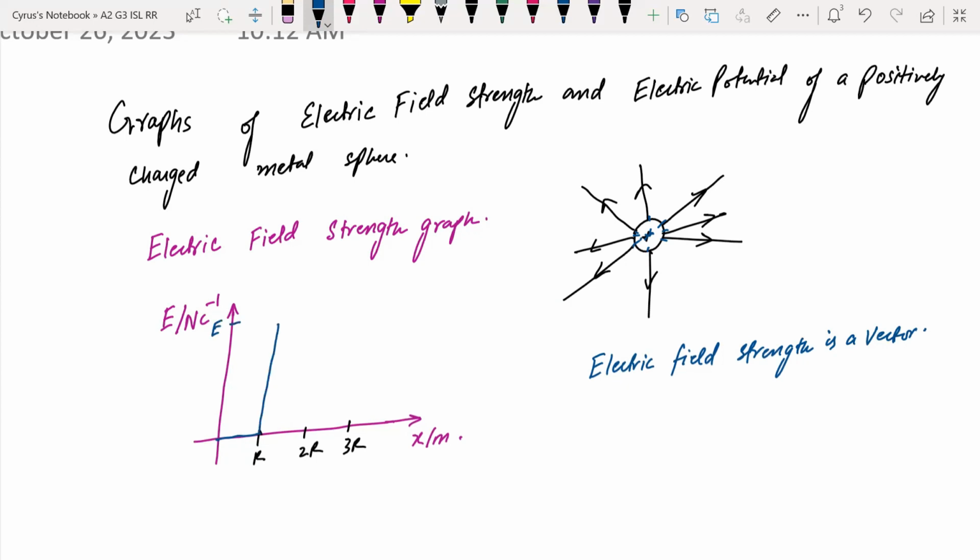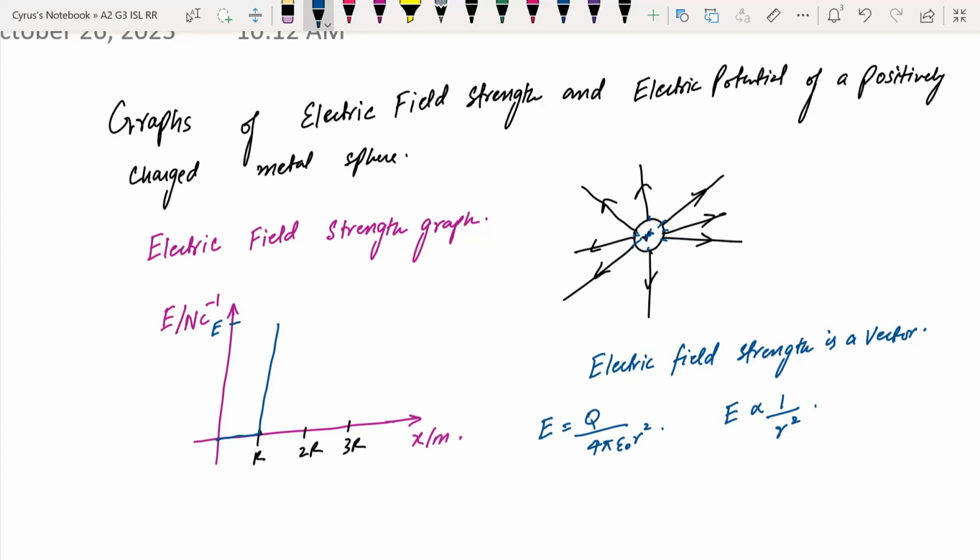And as we move away, you know that electric field strength can be written as Q over 4 pi epsilon naught R square, right? This is the formula for the electric field strength. And if you look closely, this electric field strength is inversely proportional to the square of the distance.